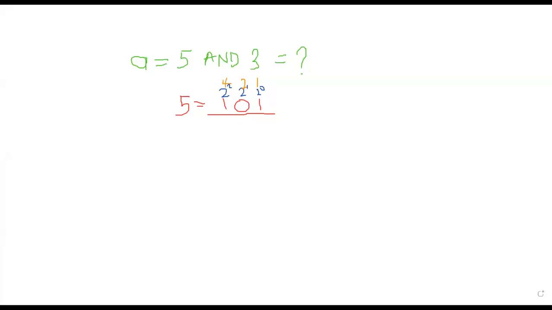So 101 is saying, which values are we going to turn on? We'll turn 1 on, 2 is 0 so that will be off, then 4 is also on. So 4 plus 1 will give us 5. So the binary value for 5 is 101. Let me write it somewhere here.